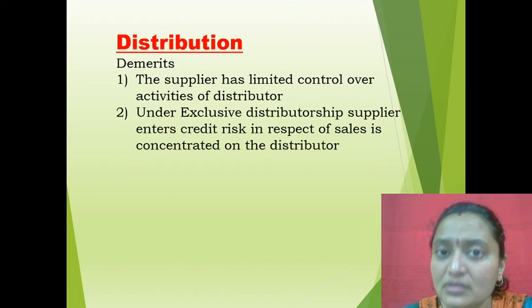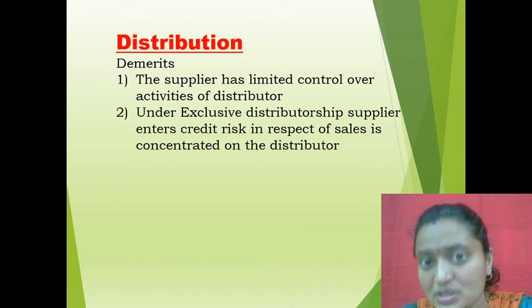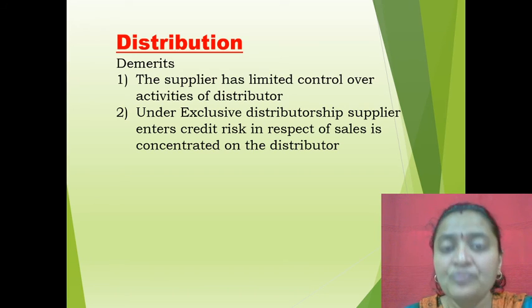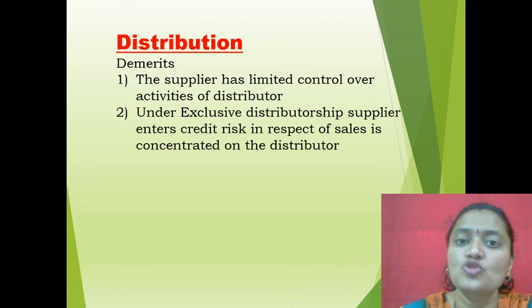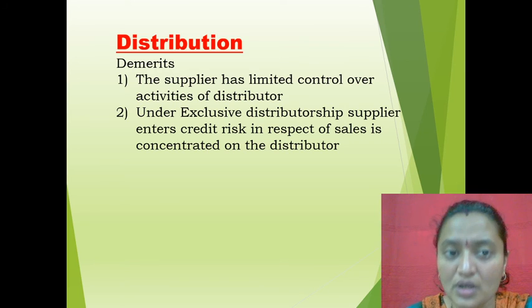Apart from that, they mention the date by which the product needs to be supplied and what quality of product is required. Mentioning all that, the distributor has to place a proper order.